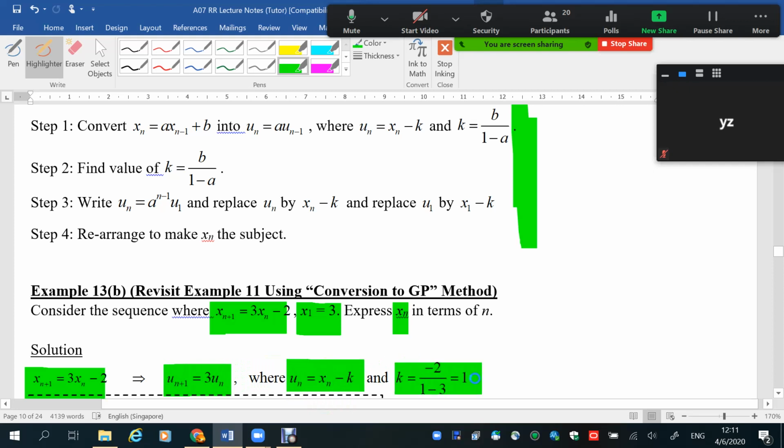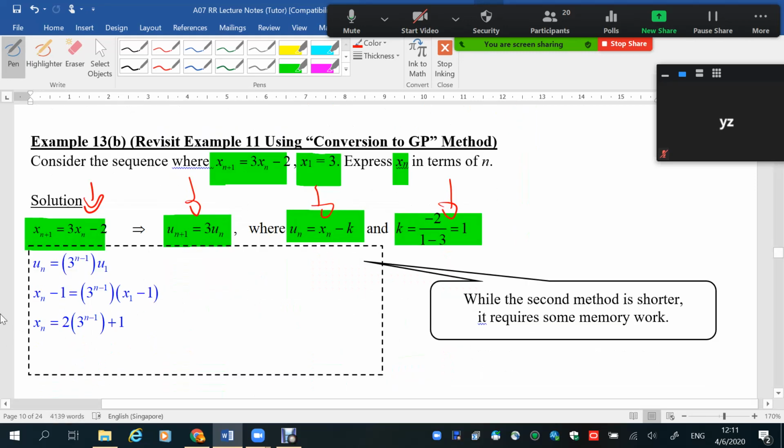This is provided you can remember everything down there. You need to be able to memorize all these things. But if you cannot remember anything, this method will not work at all.